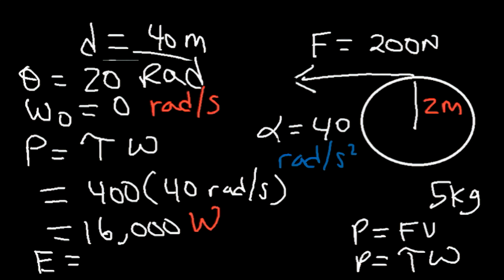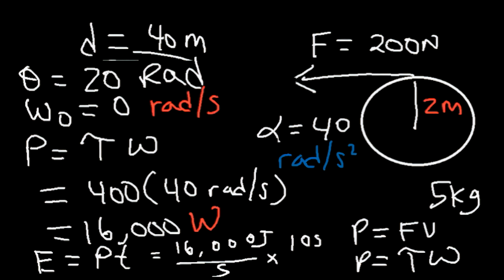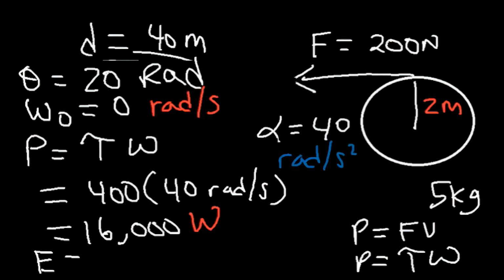Energy is equal to power multiplied by time. So that's 16,000 joules per second times 10 seconds. As you can see, seconds cancel. So 160,000 joules will be transferred in 10 seconds if the power was constant, but it's not. That's the instantaneous power. Because the speed is changing, the power is changing as well.